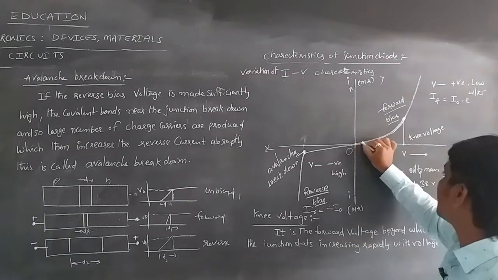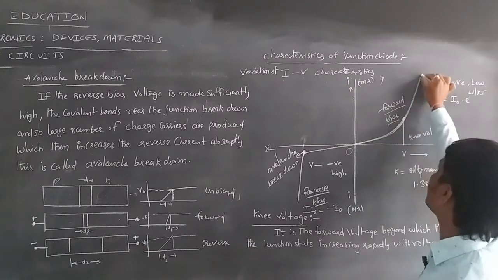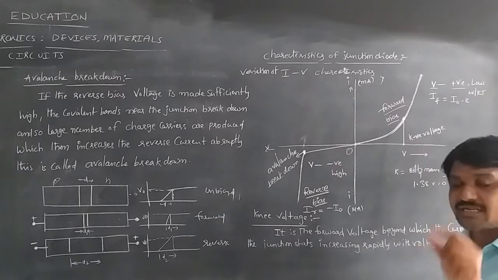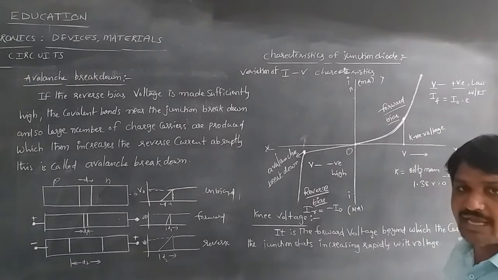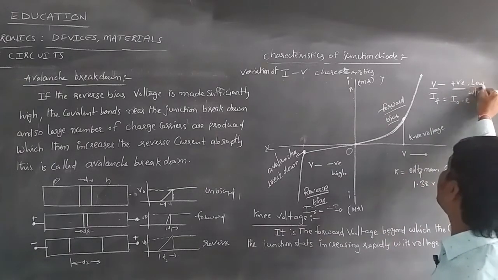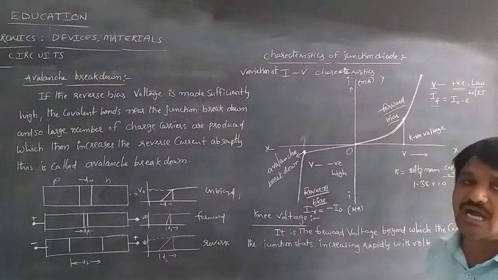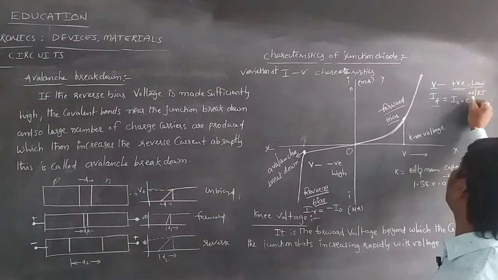So the current increases rapidly in forward bias. The voltage will be positive but low in forward bias. So the final current is I equals I naught e to the power eV by kT.